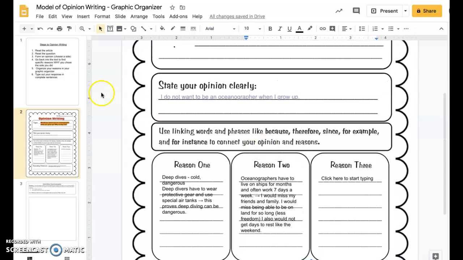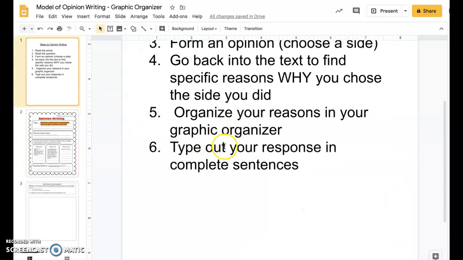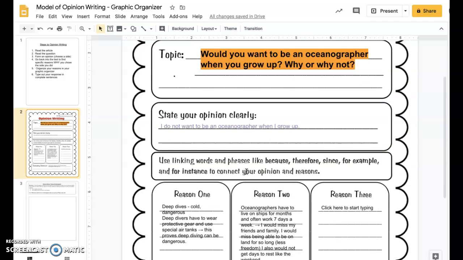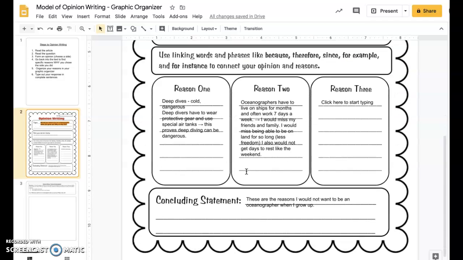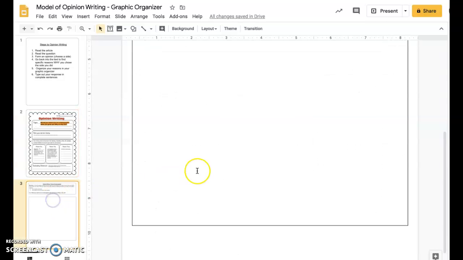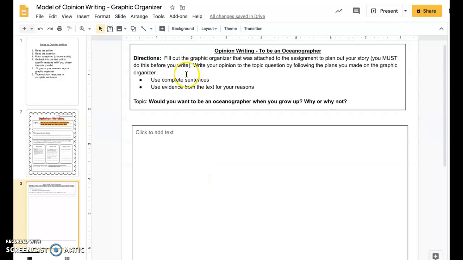Okay? So that brings us to step number 6, which is to type out your response in complete sentences. This is not complete sentences. This is a graphic organizer. This is a way to organize your thoughts and your information. We need to write it out now, which is the last step, to write it out in sentence form.